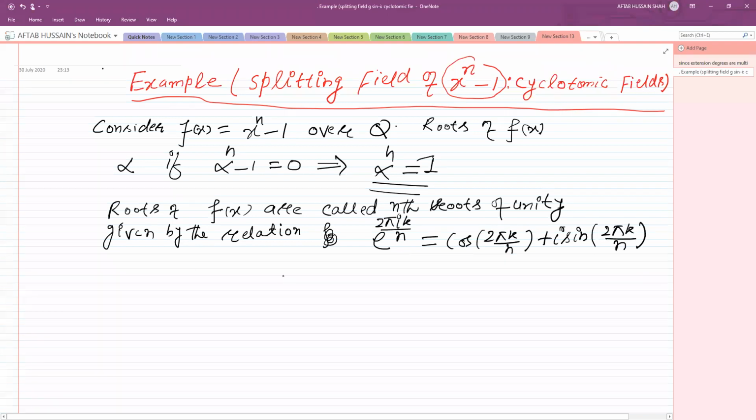So there are n choices for k, where k runs from 0, 1 up to n minus 1.